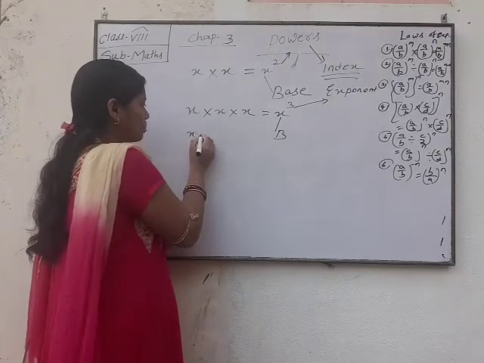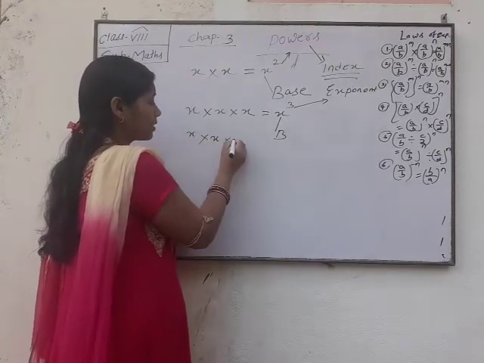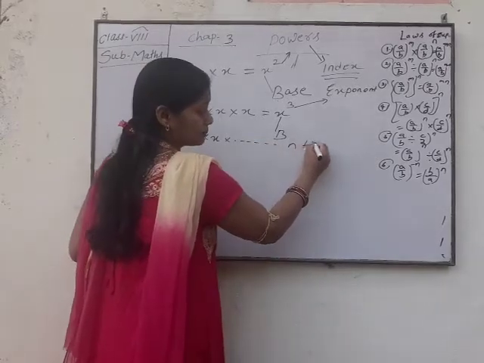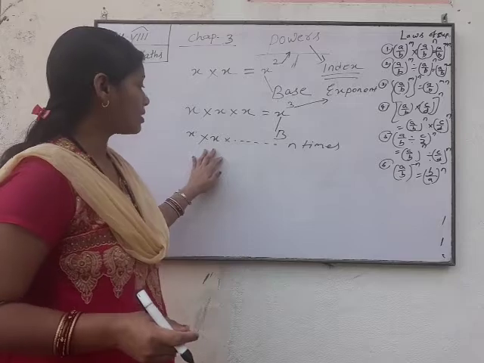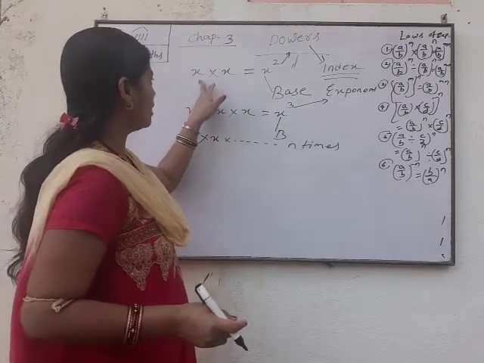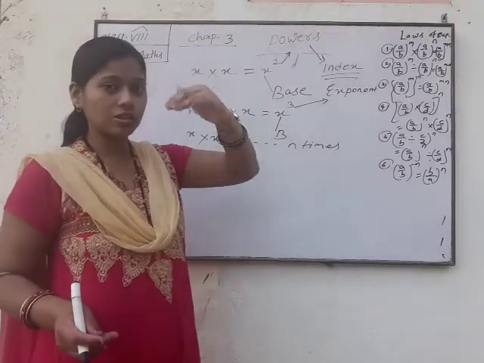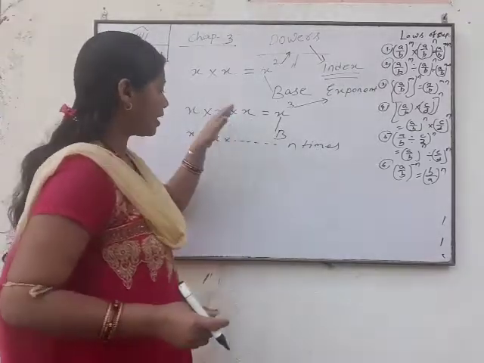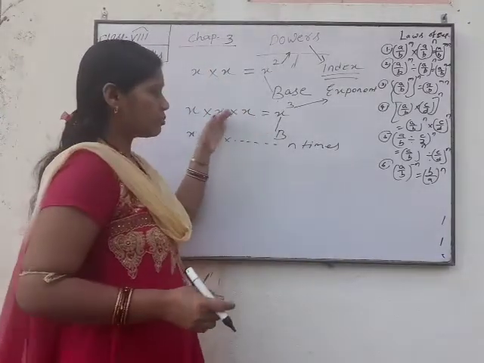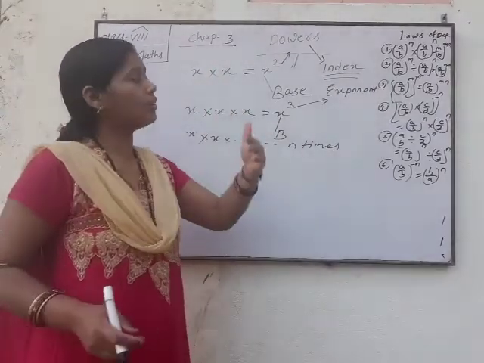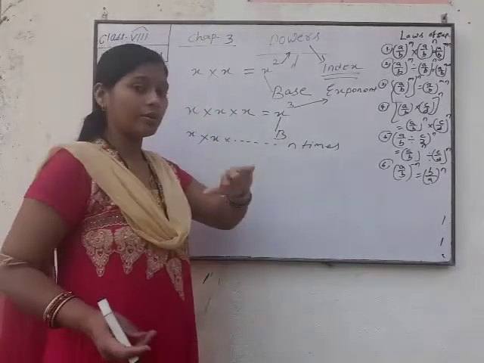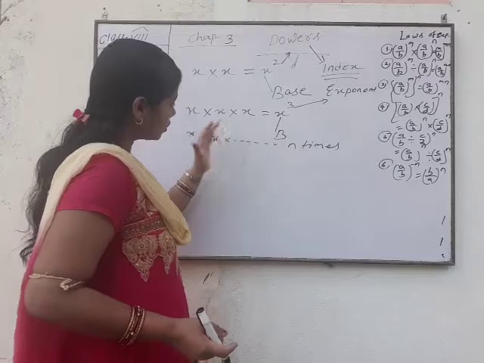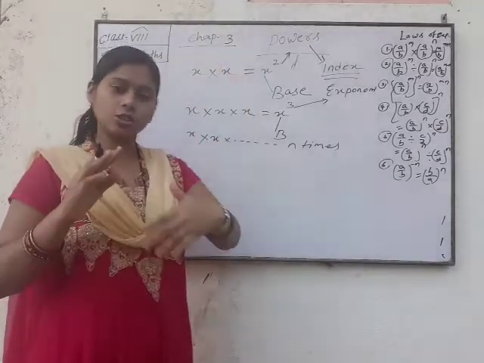If x is multiplied n times: here multiplied 2 times, x into x; here 3 times; if multiplied 5 times, then the power is 5; if multiplied 20 times, then x to the power 20.